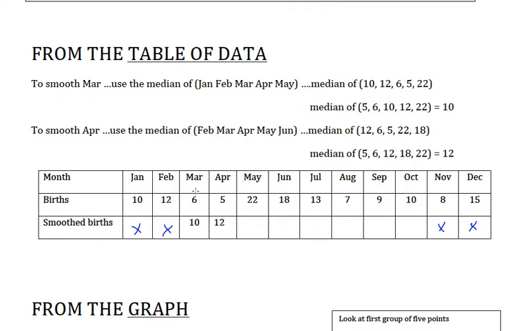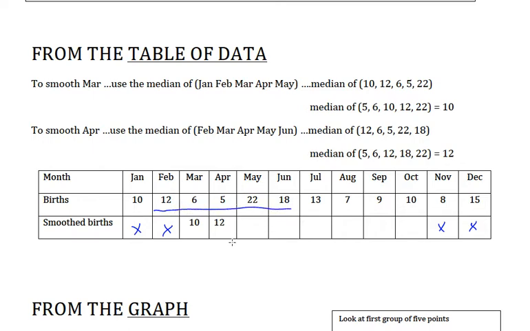What we now will do, we'll look at March. So we've got these 5 values here, and we need the median of those. If you order those, so you can see up here, 5, 6, 10, 12, then 22. The middle is the 3rd number. It's 10.